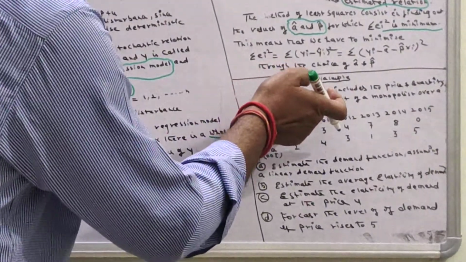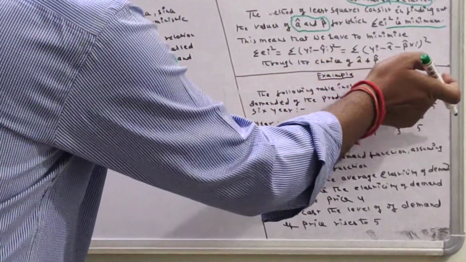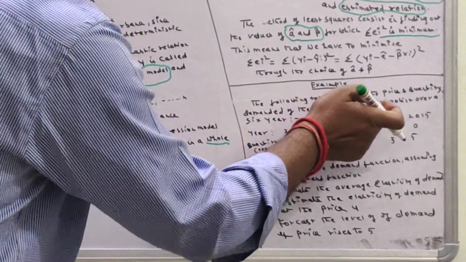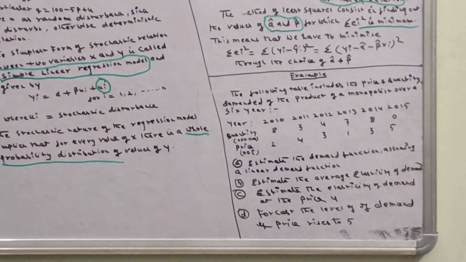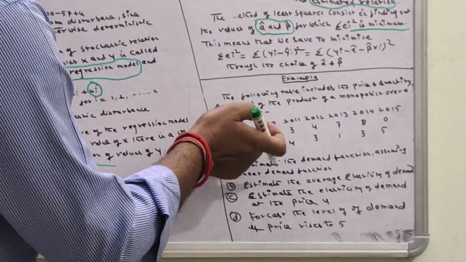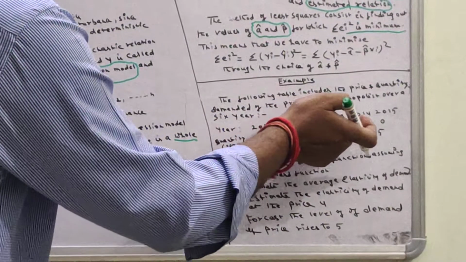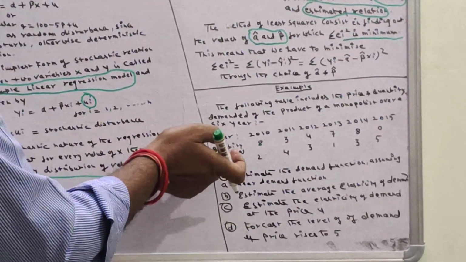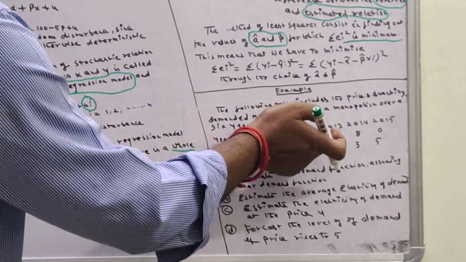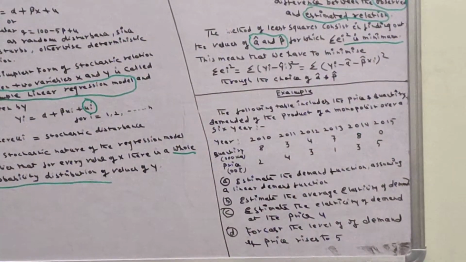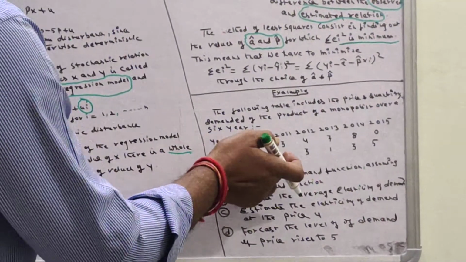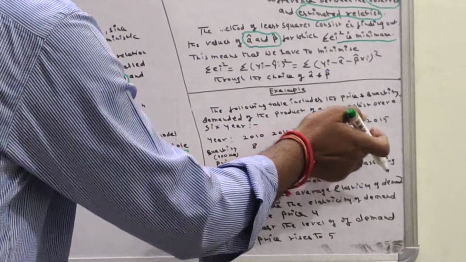The following table includes the price and quantity demanded of the product of a monopolist over 6 years. The years are given as 2010, 11, 12, 13, 14, 15, and quantity demanded in thousands is 8, 3, 4, 7, 8, 0, and price in 100 rupees is 2, 4, 3, 1, 3, 5.